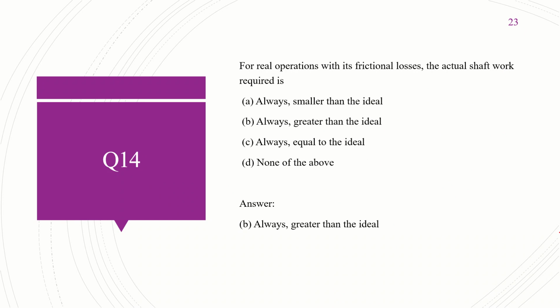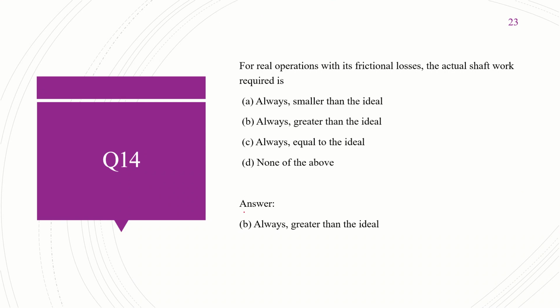So we know that for real life operations, the actual would be the ideal divided by the efficiency. Since efficiency is always lower, it is not equal. In that case, the actual shaft work would be greater than the ideal case.